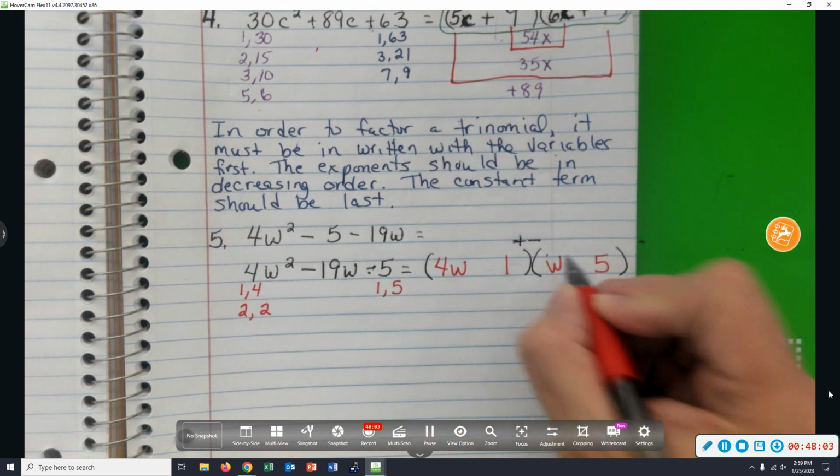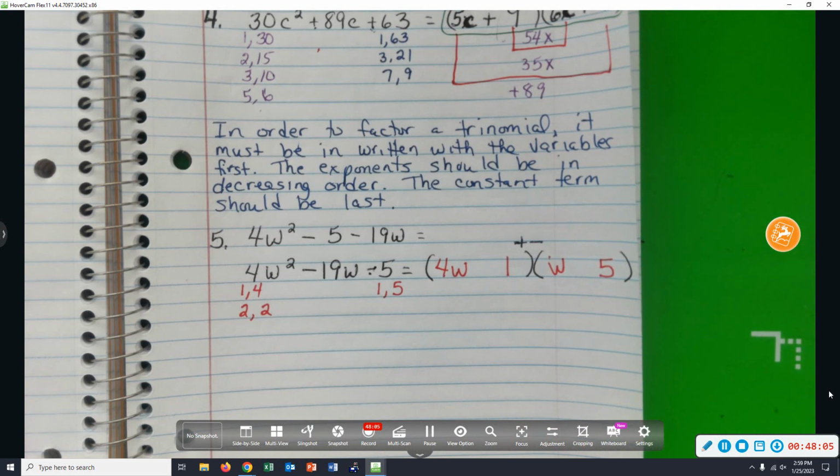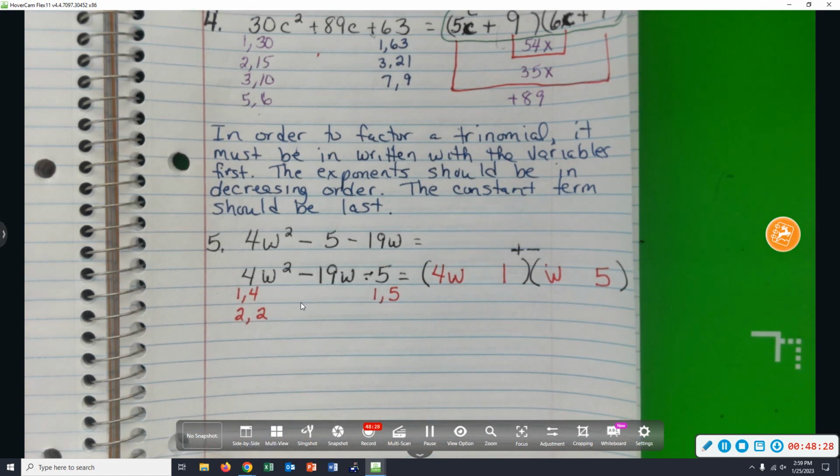And the 1w there. One thing I notice, if that middle number there is 1 more or 1 less than the product of the two outer numbers, 4 times 5 is 20, that number is 1 less, so I'm going to try the 1s with the 1s to see if that works. That's why I wouldn't start with that 2. Normally I'd start with 2 and 2, but that's one of the little things I've noticed over the years.